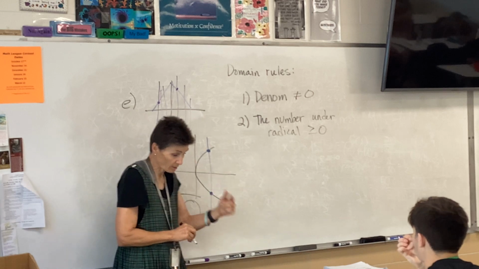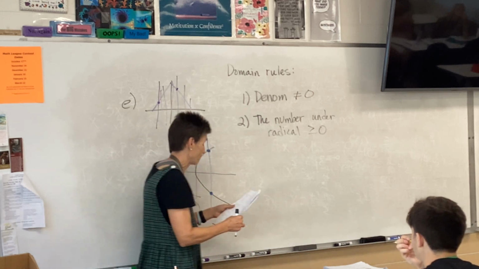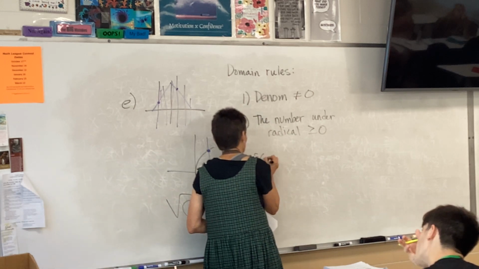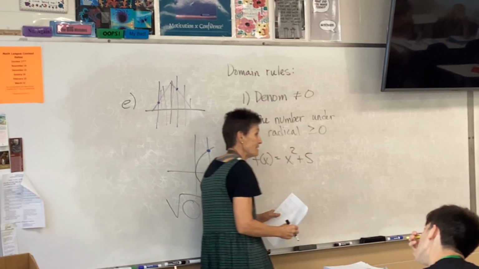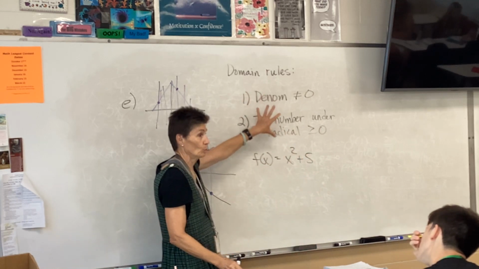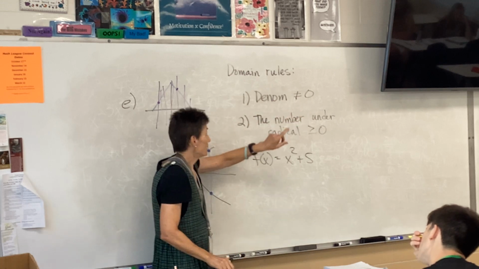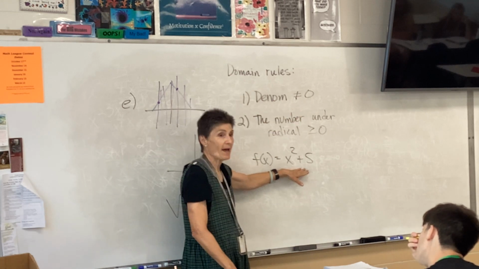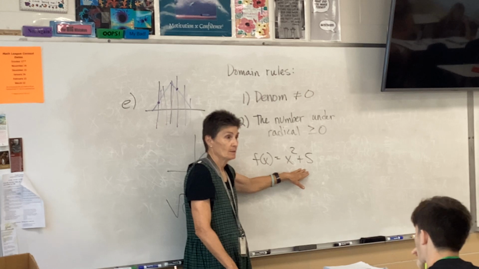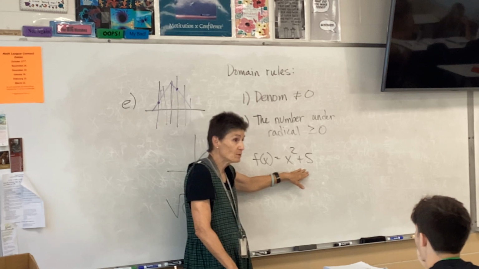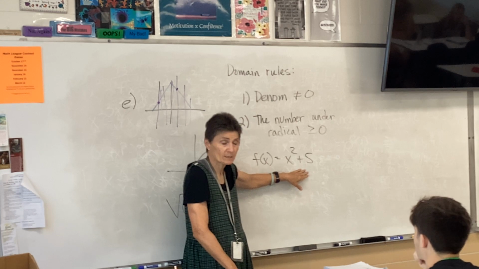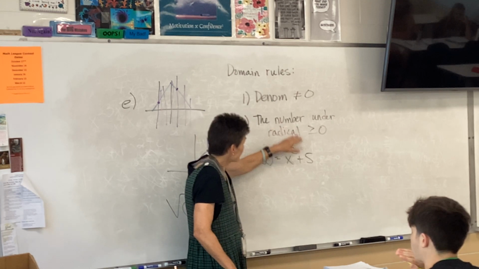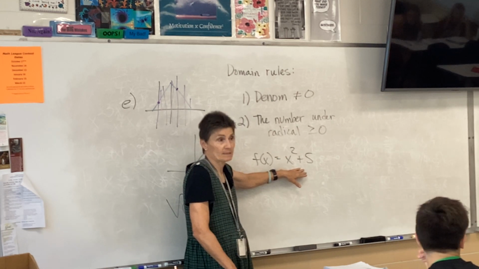All right, so let's look at problem number 2A. These are the 2 rules. Denominator, does this problem have a denominator? No. So you don't need to worry about rule number 1. Does this have a radical in it?